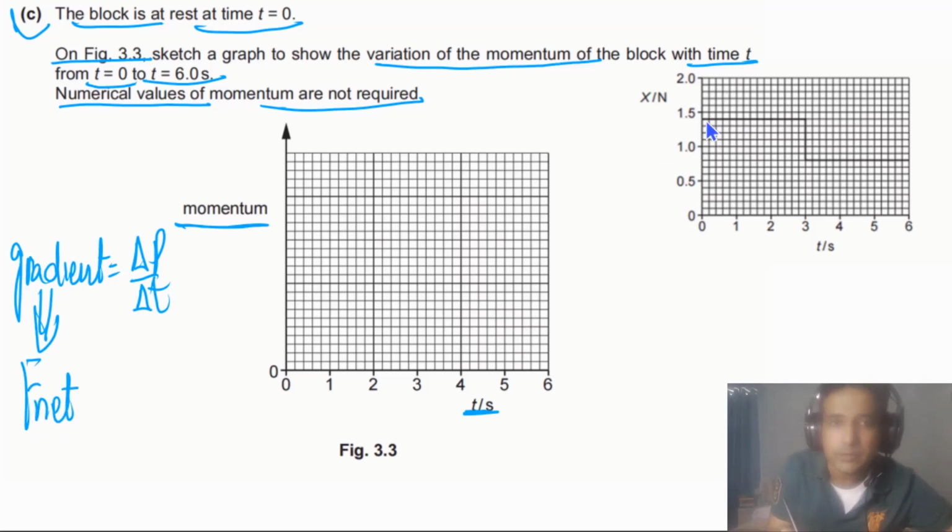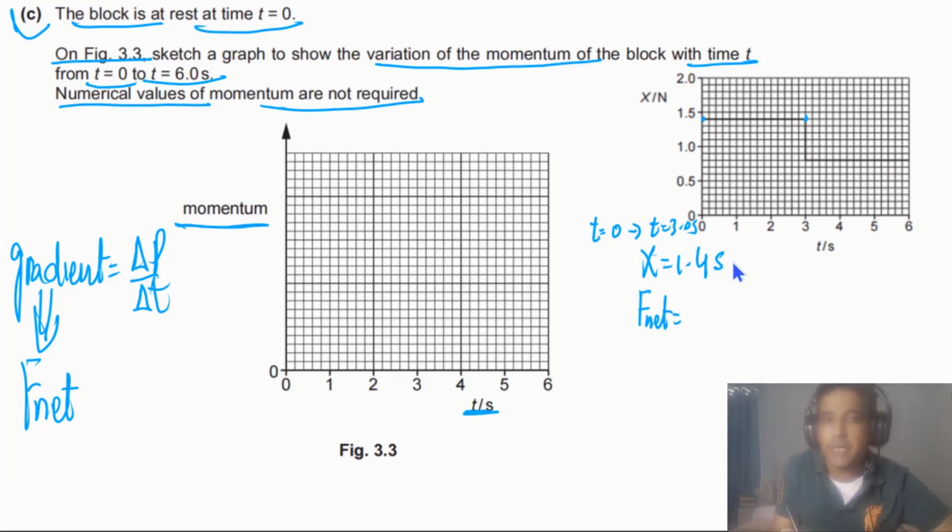For this question we need to understand, for interval from t = 0 to t = 3 seconds, we have force X that is equal to 1.4 newtons. So for t = 0 to t = 3.0 seconds, the net force we have for this interval of time will be equal to 1.4 minus 0.8 friction, so that will be equal to 0.6 newtons.